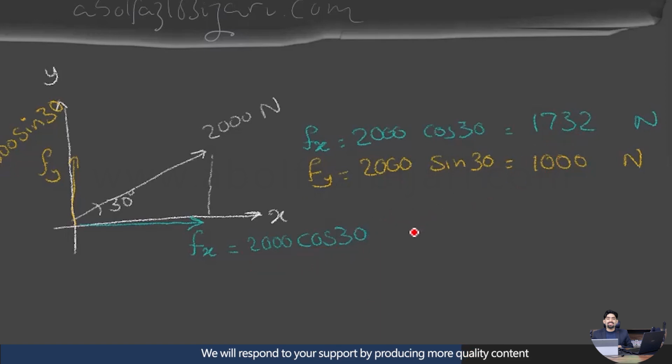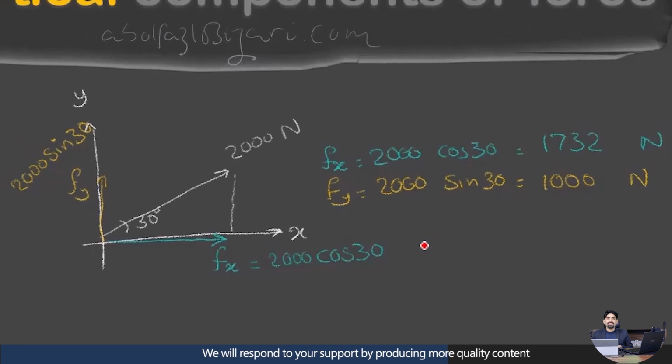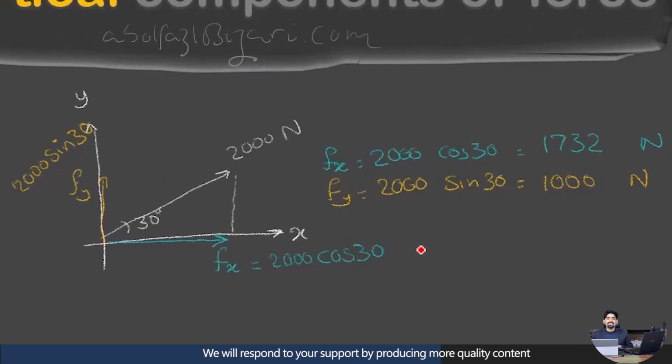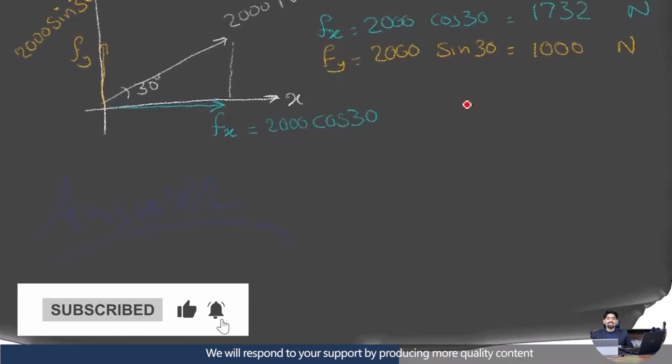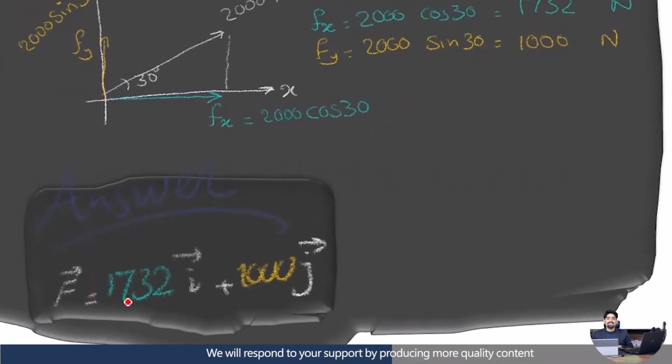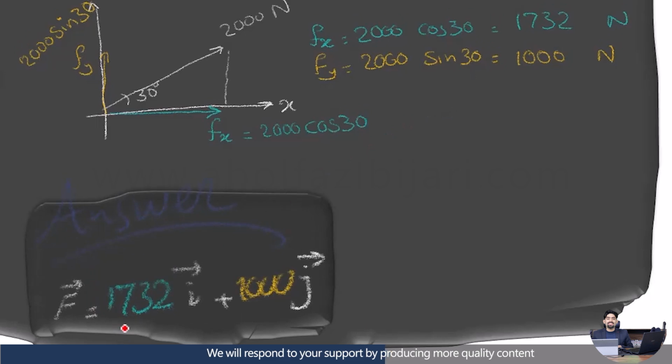The vertical component is 2000 sine 30, which is 1000 Newtons. Now, if we want to write the vector form, it will be 1732i plus 1000j. Get it?